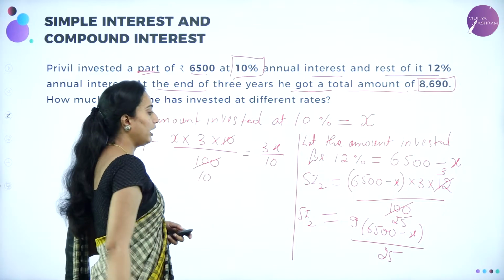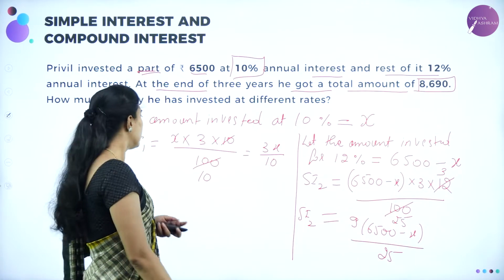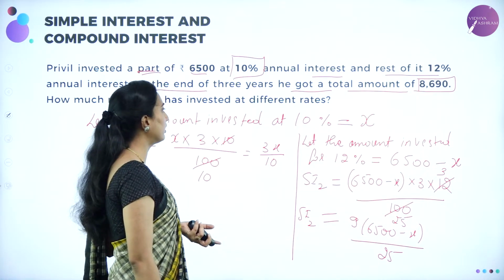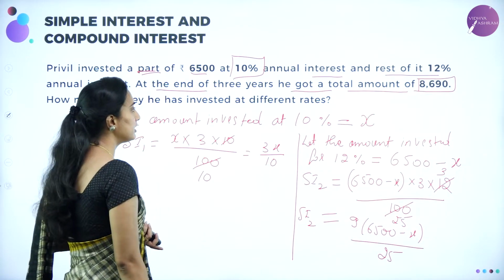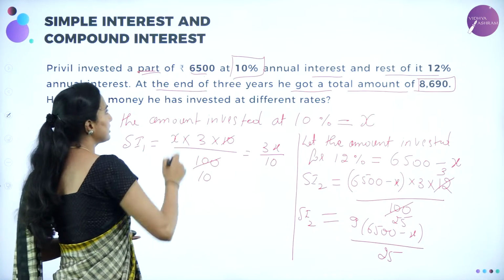Now what I need to calculate is SI1 plus SI2, which will be equal to what they have received, isn't it? That is, we can calculate 8,690 minus 6,500.